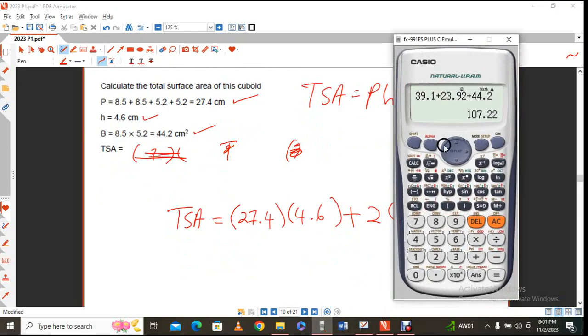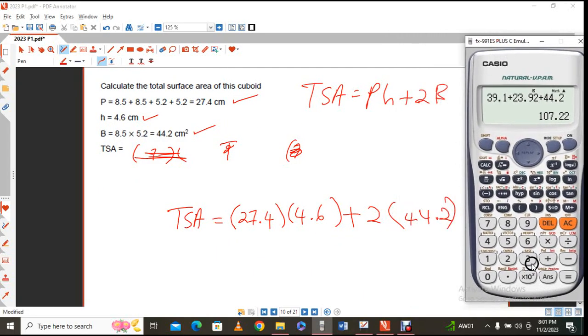So let's grab our calculator and see if we get the same answer. You can put times in between or just parentheses: 27.4 parentheses 4.6 parentheses plus 2 parentheses 44.2 parentheses, and you get the same answer, 214.44.